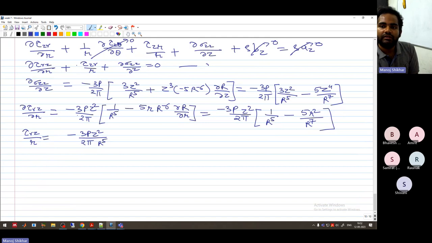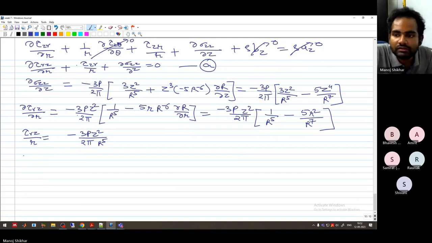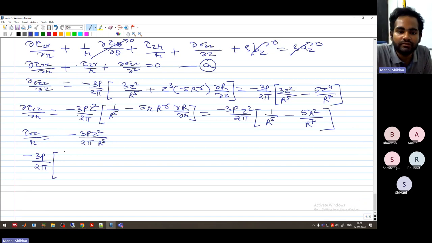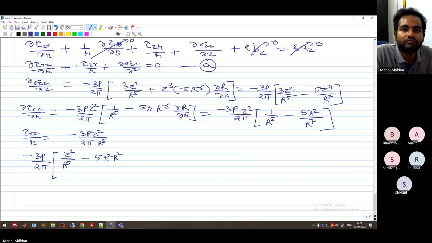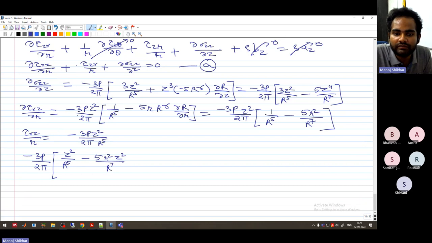Let's say this equation is A. We will substitute all these in equation A. So first this part is there. So we take minus 3p by 2 pi common because that is common in everything. Z square by r to the power 5 minus 5 r square z square upon r to the power 7 plus from here we are getting 3z square upon r to the power 5. Okay.